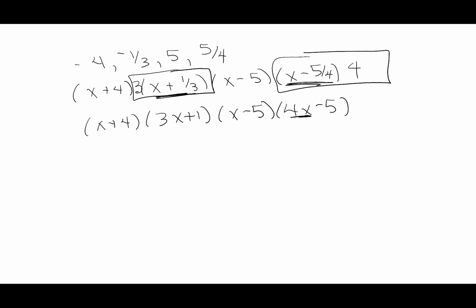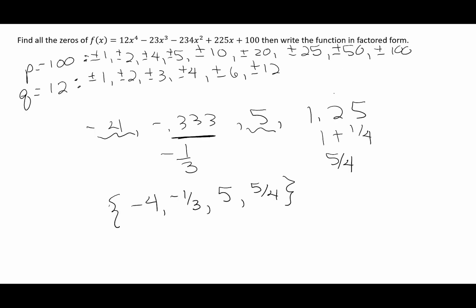So that way the 4x times 3x times x will give me my 12x to the 4th. And then you can also check that 4 times 1 times negative 5 times 5 is a positive 100, which is our last term.